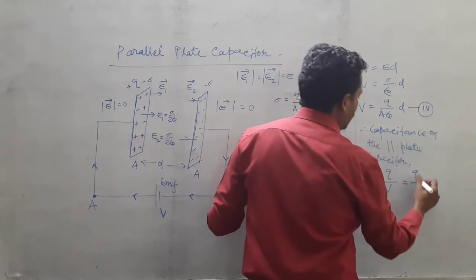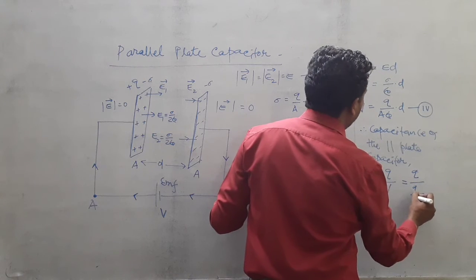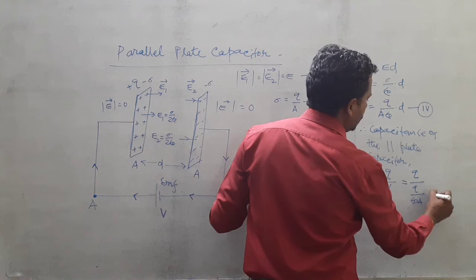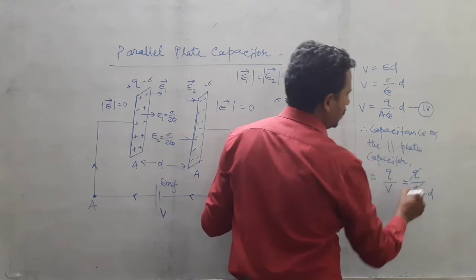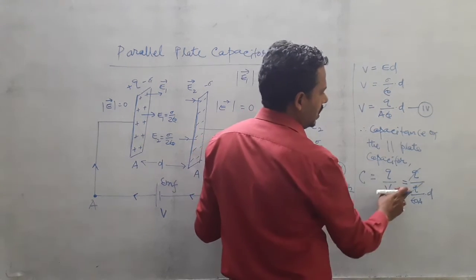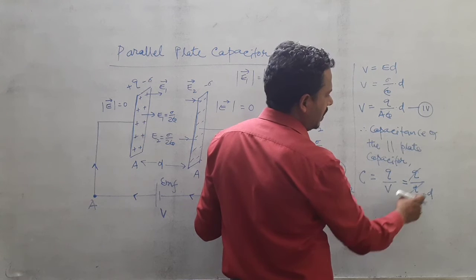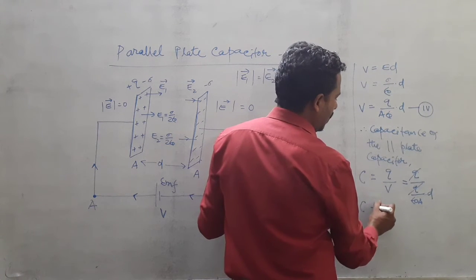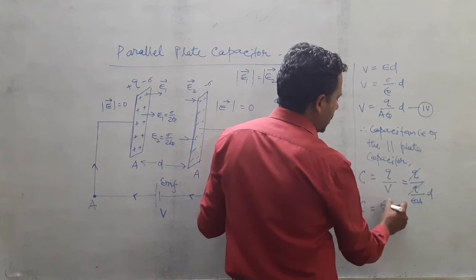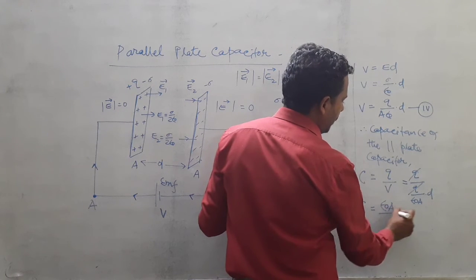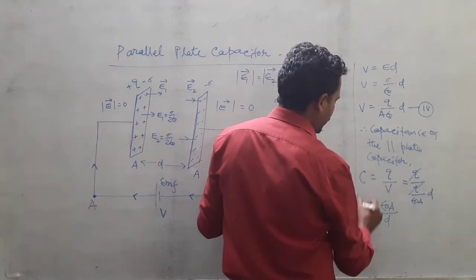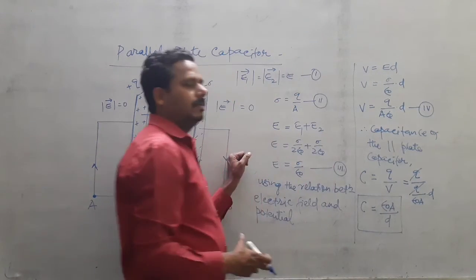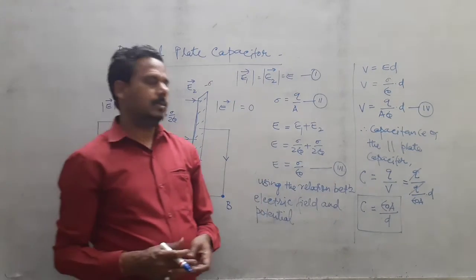Just put this value. So this one is Q by epsilon naught A into D. This Q and this Q will be cancelled. The denominator of the denominator will come to the numerator. Therefore, your C will be epsilon naught A by D. This is the capacitance of a parallel plate capacitor.